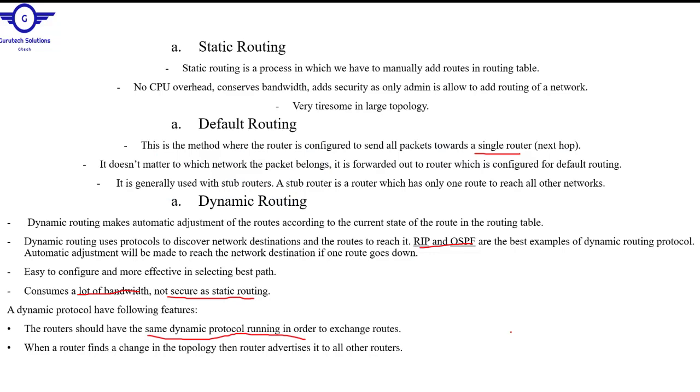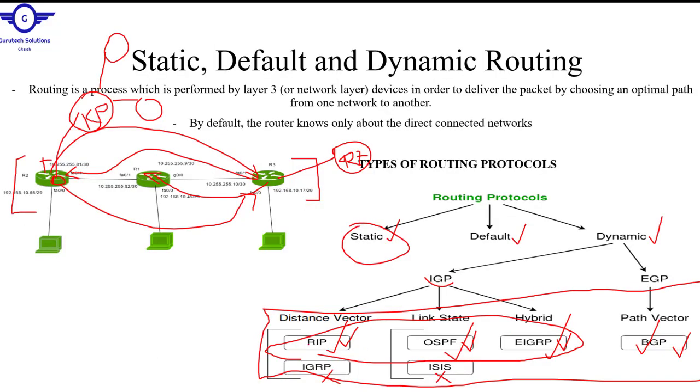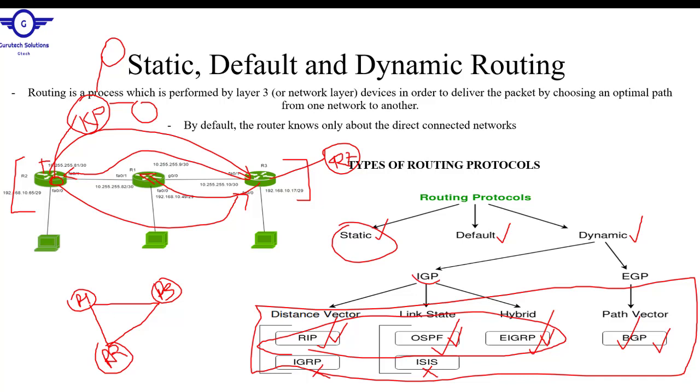What does that mean? For example, let's say there are three routers here, and they are interconnected like this, and let's say this is router 1, router 2, and router 3. You've configured router 1 to go through router 2 this way, because you don't want it to follow this one directly.